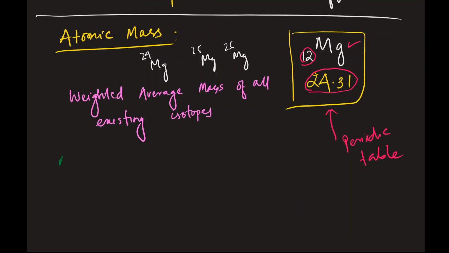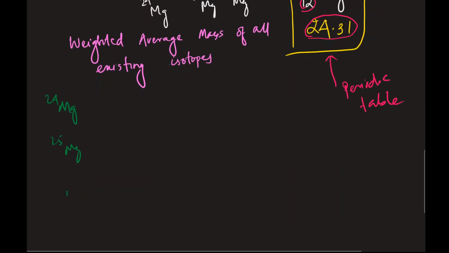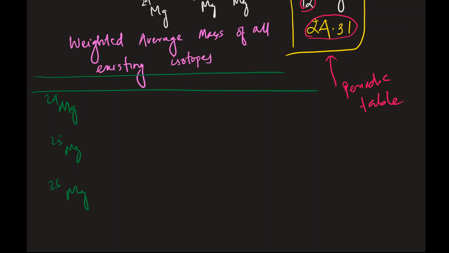Let me write this again: Mg24, Mg25, and Mg26. Weighted means that if an isotope exists in nature more, then we give that mass a higher priority. If you remember, what was the abundance for each of those?